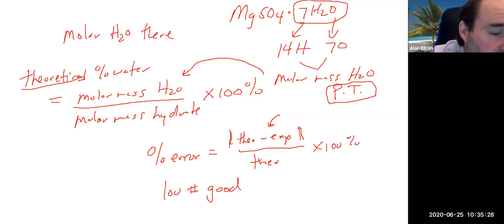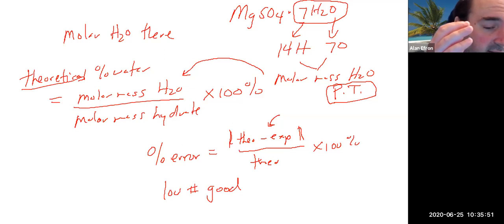What percent error tells us is, based on our experiment, how close we were to the true value it should have been. In our case, the true value really should have been the theoretical percentage, and we're going to use our experimental percentage. What we're dealing with in percent error is comparing how good the experiment was done, right?